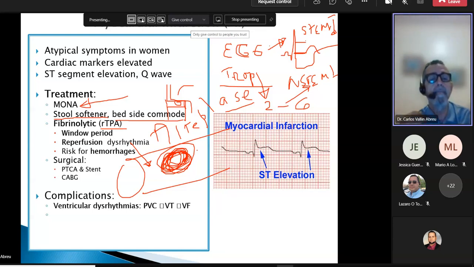And of course, there are contraindications to give alteplase, that is, a patient at risk for bleeding in the brain, like having an aneurysm or a brain hemorrhage, bleeding in the stomach, etc. The other, more invasive procedure doctors can do for reperfusion is the catheterization with angioplasty and placing of stents, or the open heart surgery to do coronary artery bypass graft.